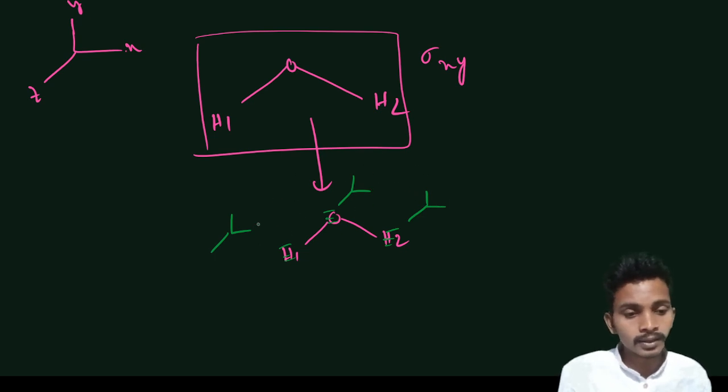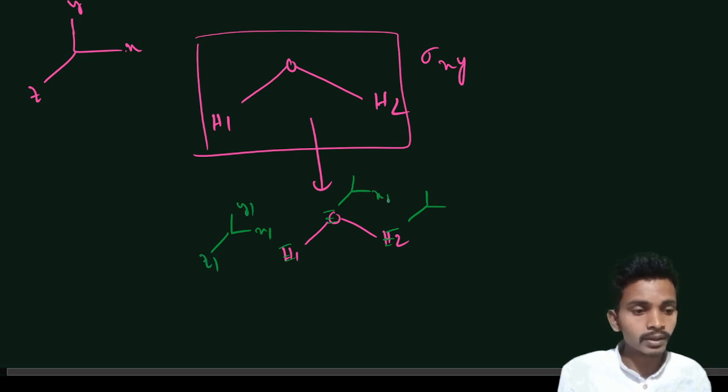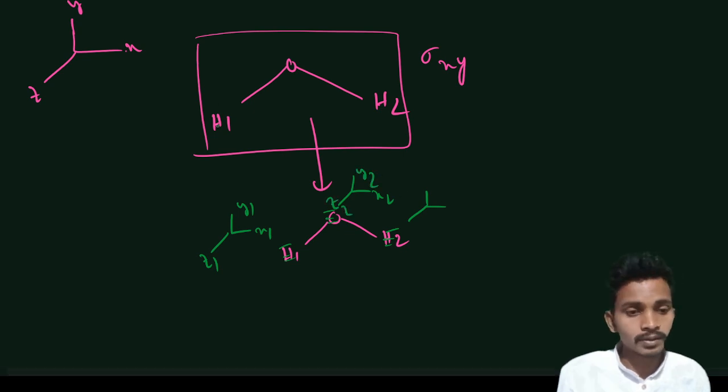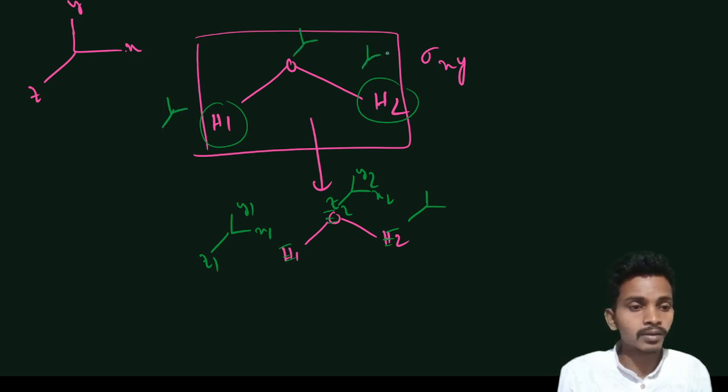The same ones here, x1 y1 and z1, here x2 y2 z2, here x3 y3 z3, because they will not change, because this is the same, this is not changing.